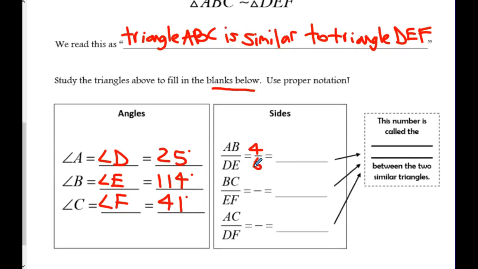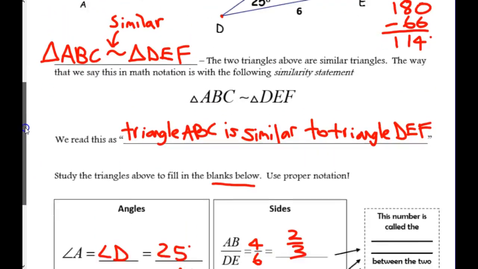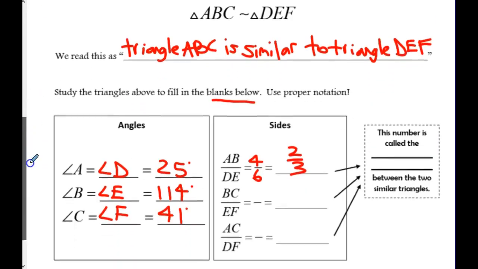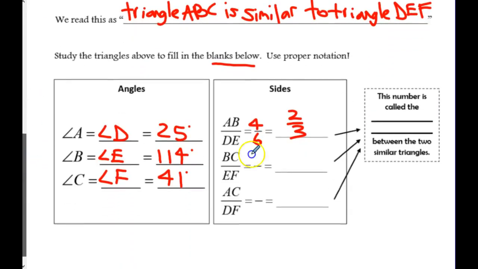Now, what is 4 over 6 reduced to? 2/3. Okay? 4 over 6 equals 2/3. Great. Okay, the next one. So we're talking about BC and EF. BC is 2. EF is 3. 2 over 3 is, well, 2 over 3, right? Obviously, it doesn't reduce anymore.